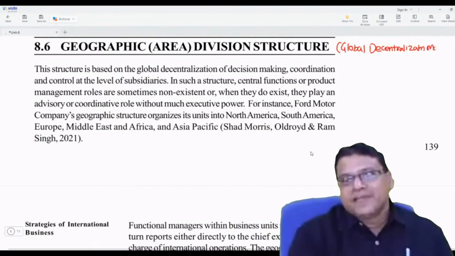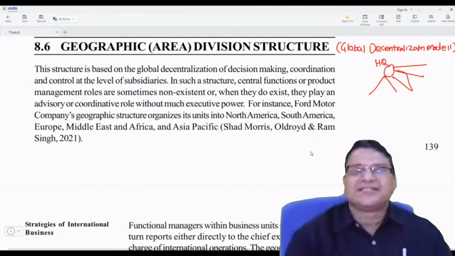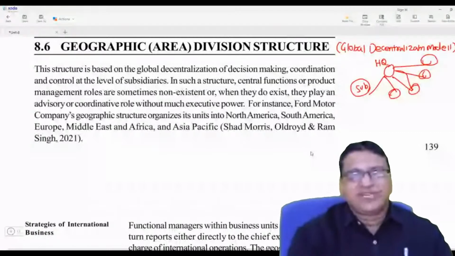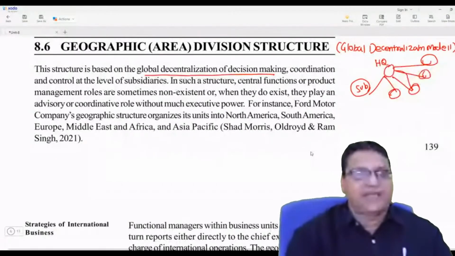Here, each subsidiary is given autonomy. They do not depend upon the headquarters for each and every decision. Subsidiaries are given autonomy. All subsidiaries work like one independent unit. So this is based upon global decentralization of decision making.